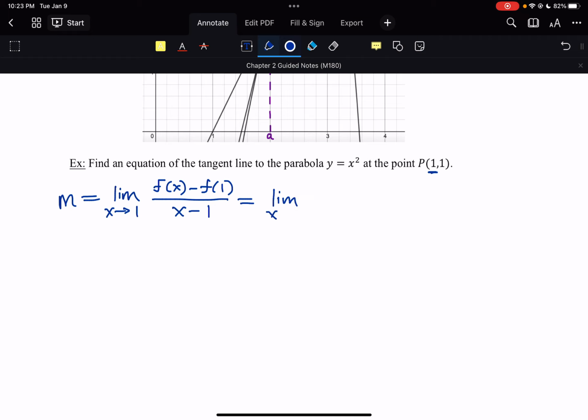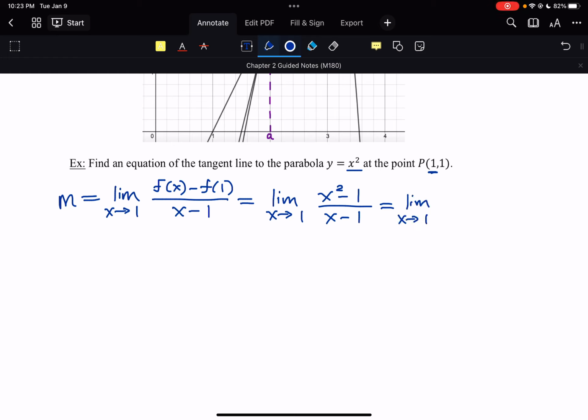So we get the limit as x approaches 1. f of x is just x squared. So that's x squared minus 1 over x minus 1. This is a case where direct substitution isn't going to help us just yet. We need to manipulate this algebraically.